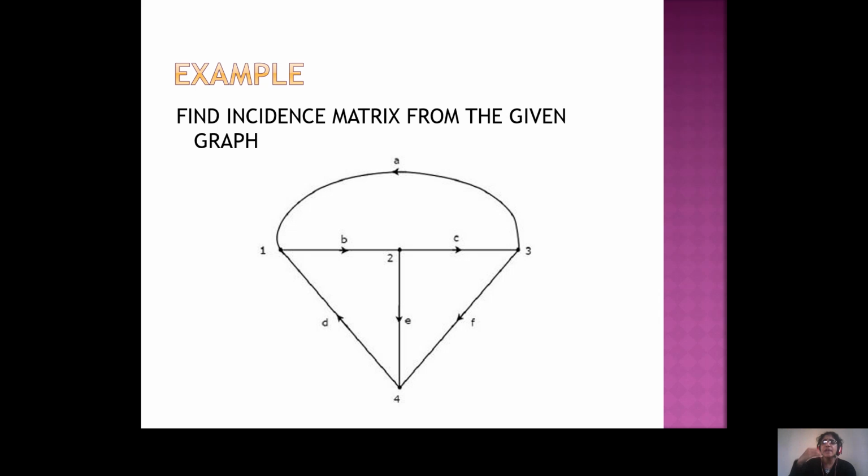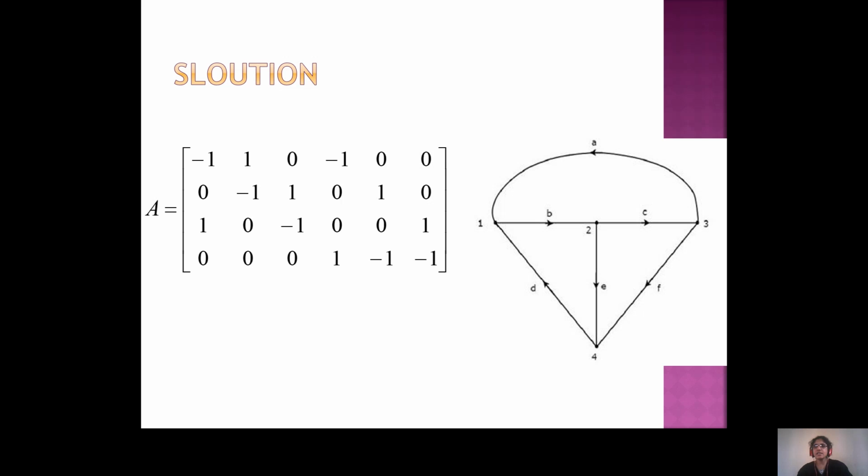So how do you write down the incidence matrix for this graph? First, how many nodes? 4. How many branches? 6.